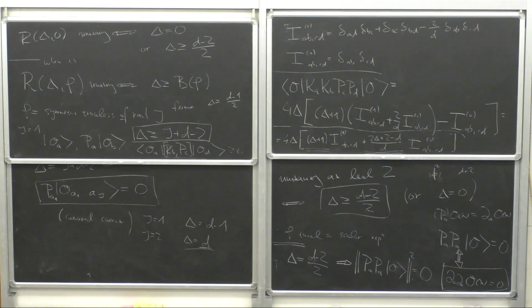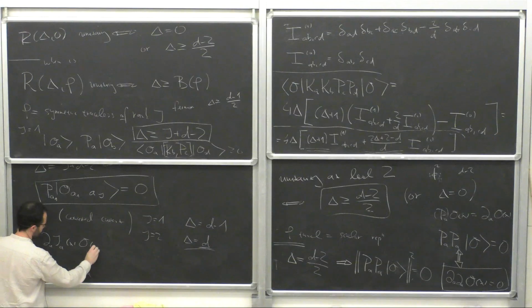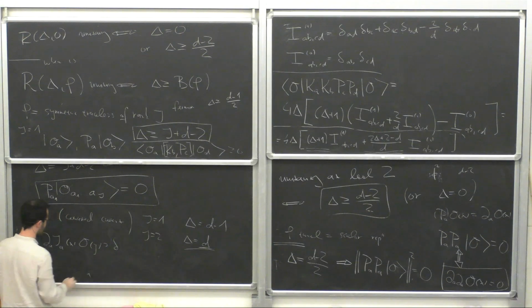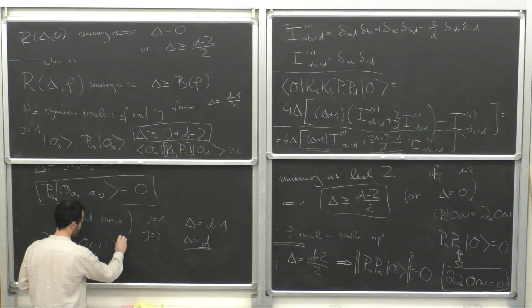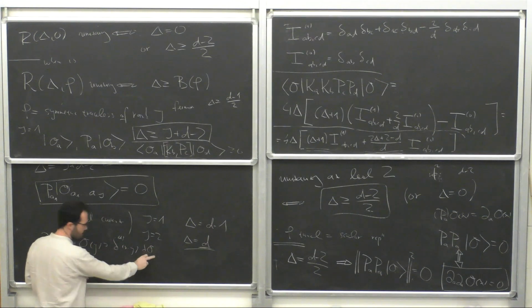So I guess unitarity allows you to prove the converse. Without unitarity, if you have a conserved current, you can conclude that the dimension of the conserved current has to be d minus 1, just from the Ward identity, right? Because the divergence of the current, when it acts on some local operator, is going to contain the delta function of x minus y and the change of the local operator under the symmetry.